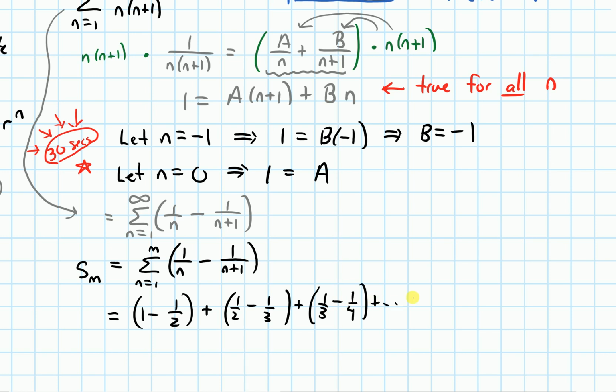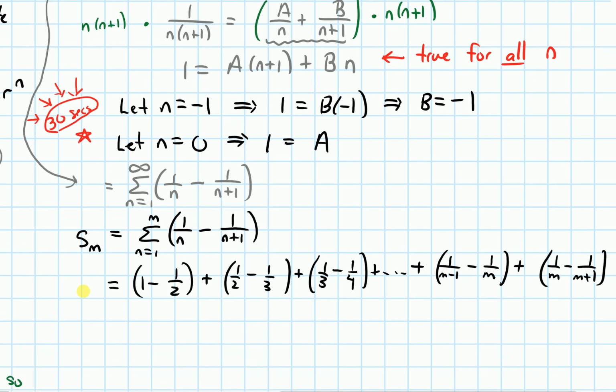And then plus dot dot dot plus. Eventually I'm going to write out the last two terms. The very last term, when I plug in m, will be 1 over m minus 1 over m plus 1. And the term before that, when I plug in m minus 1, would be 1 over m minus 1 minus 1 over m.